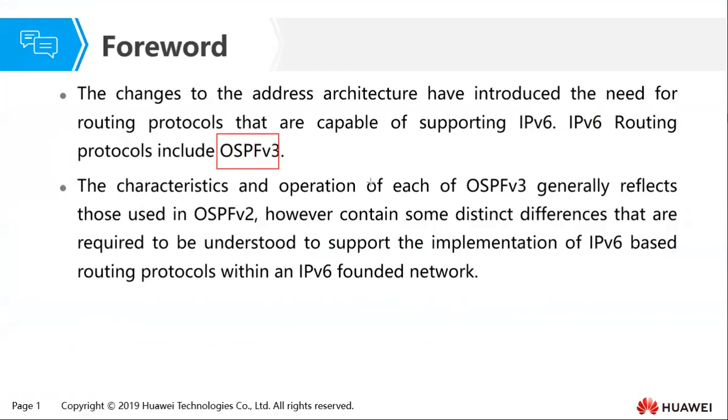The characteristics and operation of OSPFv3 generally reflect those used in OSPF version 2, so they're not very different. However, they contain some distinct differences that are required to be understood to support the implementation of IPv6-based routing protocols within an IPv6 network.